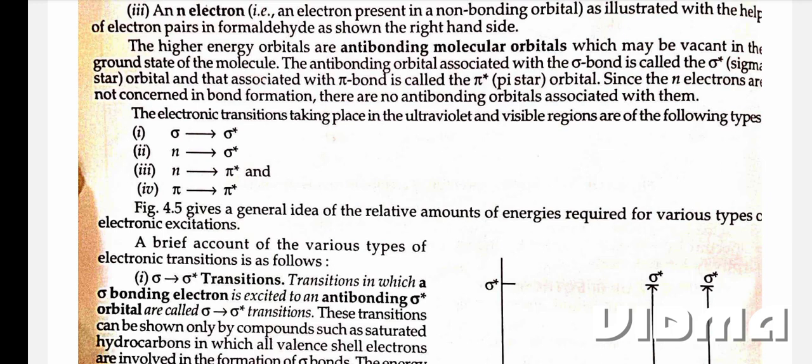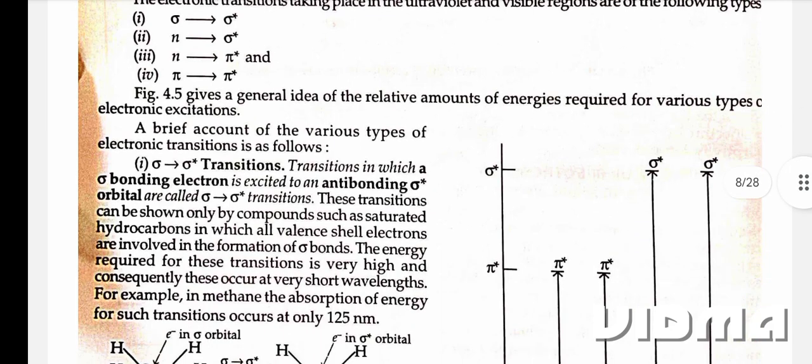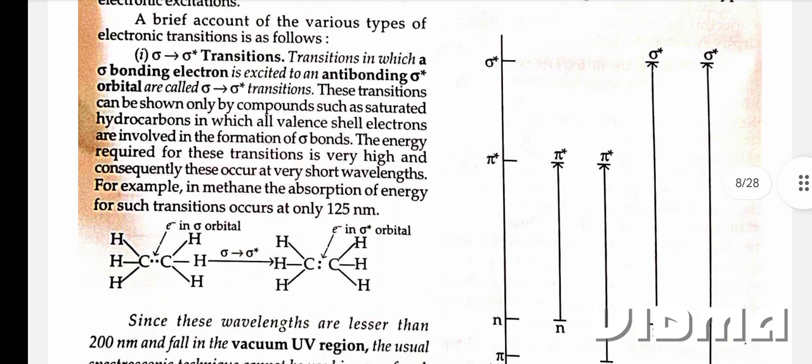The electronic transitions taking place in the ultraviolet and visible regions are of the following types. A brief account of the various types of electronic transitions is as follows. Sigma to sigma star transitions. Transitions in which a sigma bonding electron is excited to an antibonding sigma star orbital are called sigma to sigma star transitions. These transitions can be shown only by compounds such as saturated hydrocarbons in which all valence shell electrons are involved in the formation of sigma bonds.